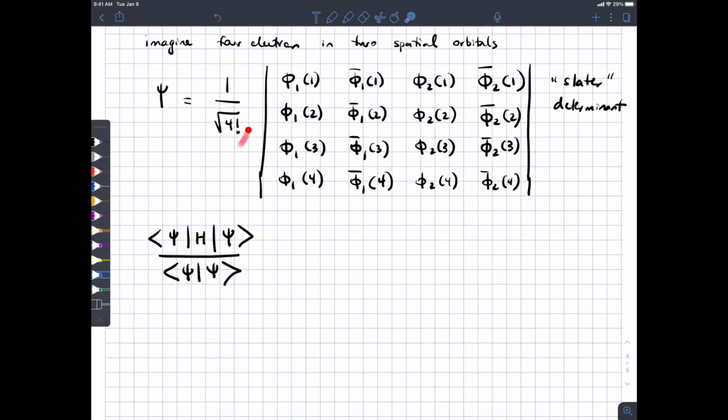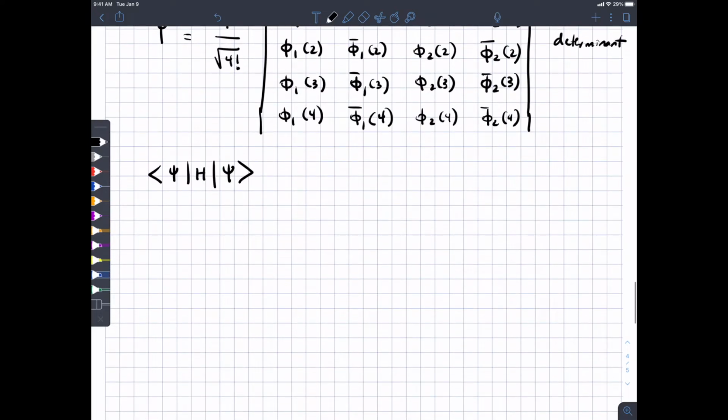And I've told you we've already included a normalization factor, so the square of this wave function is going to equal 1. So I'm just going to erase that because we're dividing by 1.